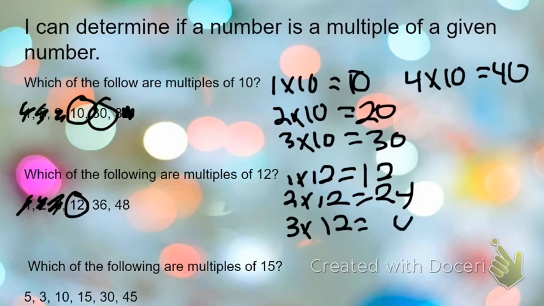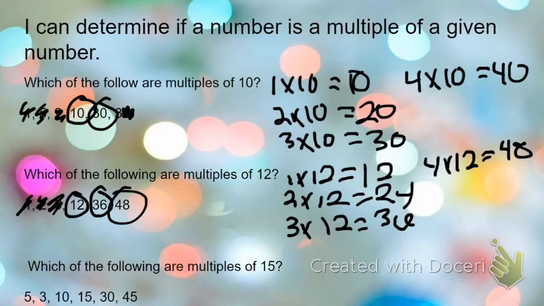So 4 plus 2 is 6. 1 plus 2 is 3. 36. Okay, here we go. Here's another multiple. And what about 4 times 12? Again, I could just add 12 more to my 36. So 2 plus 6 is going to be 8. And 1 plus 3 is going to be 4. Oh, look at that. 48 is also a multiple.